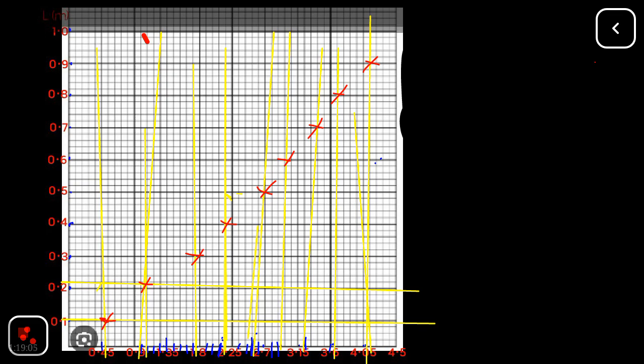To draw a graph, you actually draw a line that is as close as possible to all of them, the closest distance to the union of all of them.